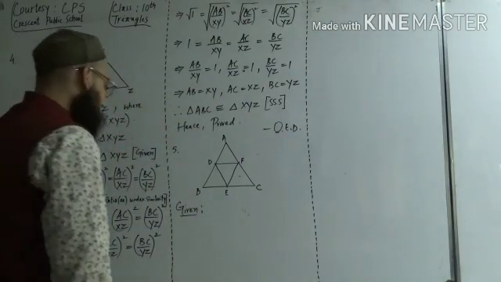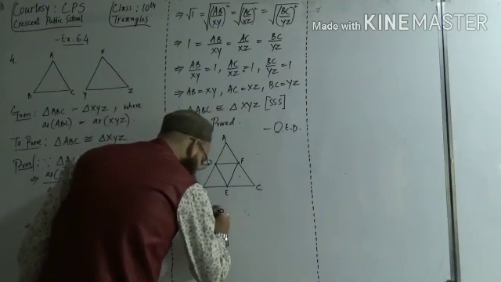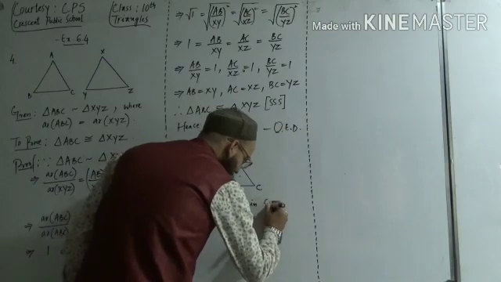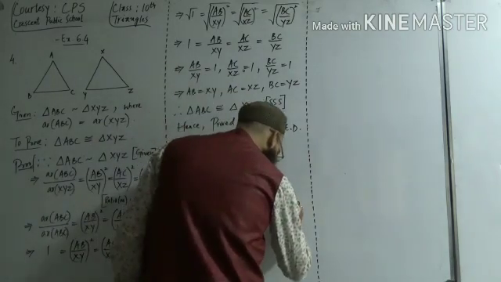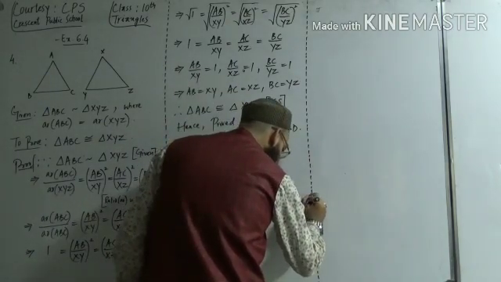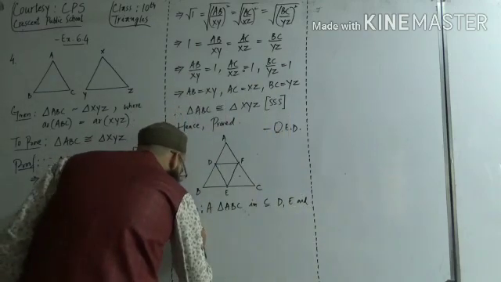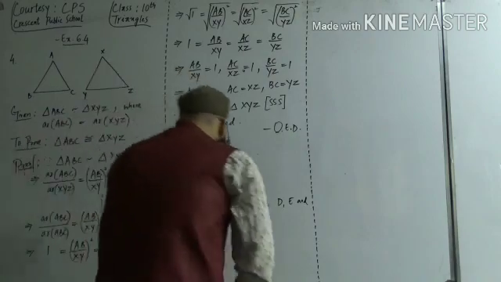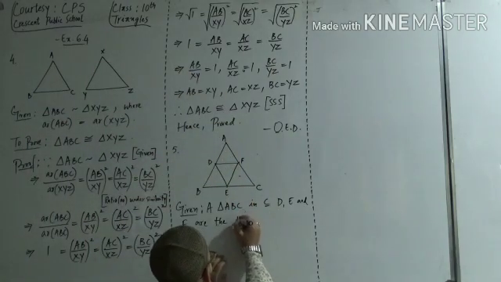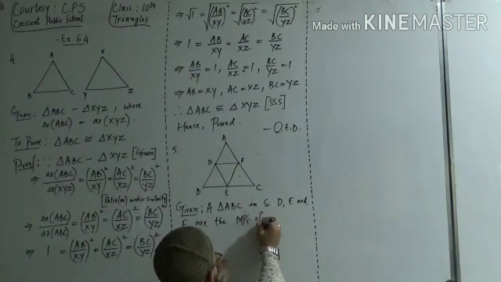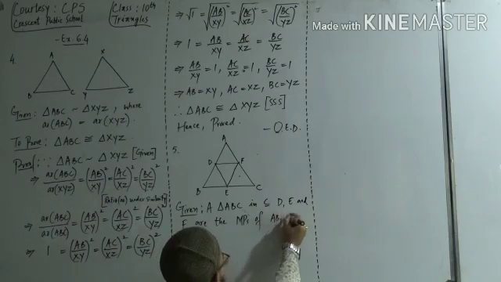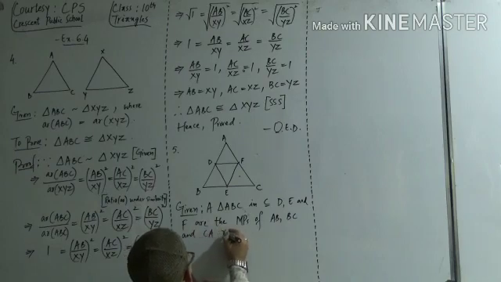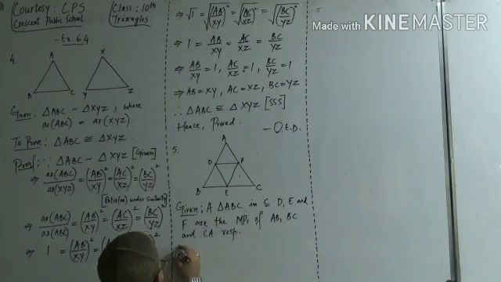What is given? A triangle ABC in which D, E and F are the midpoints of AB, BC and CA respectively.